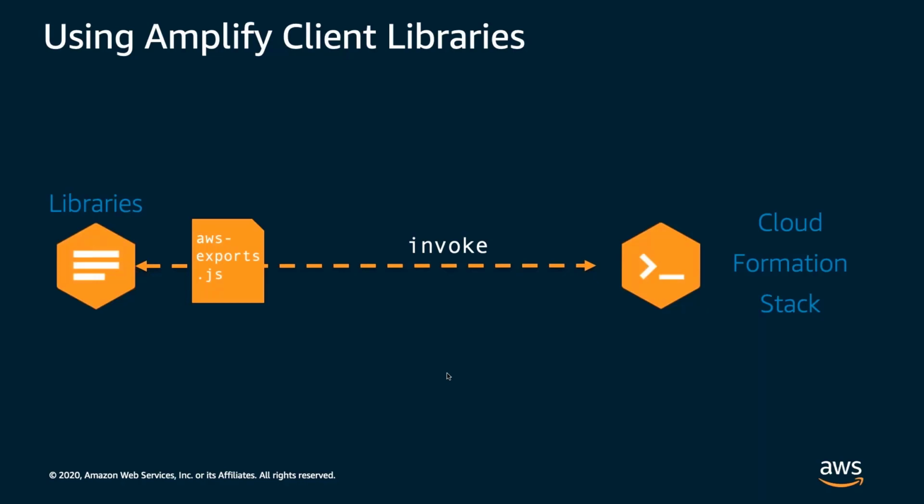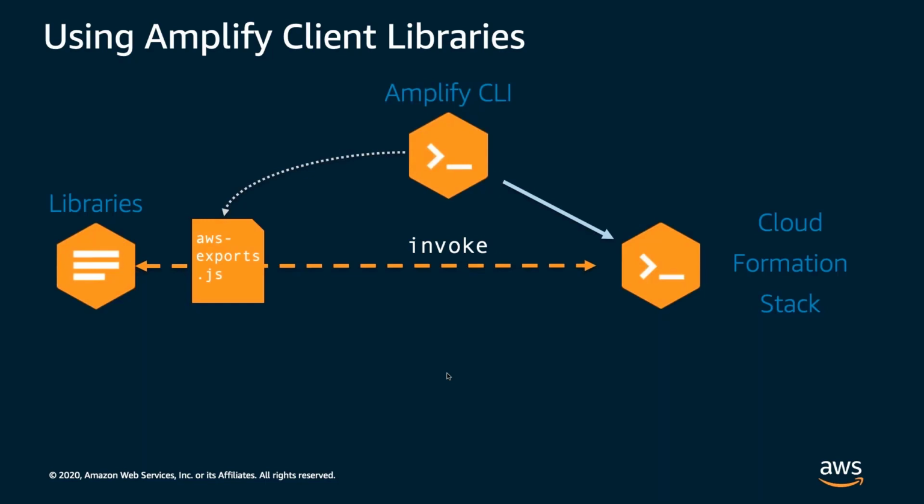In our case, since it's React, there's a file that is generated called AWS exports, and that is generated by the Amplify CLI. So after you finish answering the questions, it generates the backend resources for you and gives you a configuration file that is used in your web application or your mobile application. So all of those resources are automatically configured.